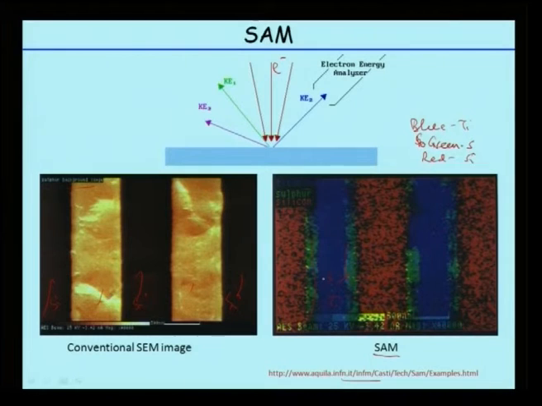So the scanning electron microscope shows a large area of sulfur, while Auger microscopy shows there is a thin region of sulfur between the silicon and the titanium. That is the difference one can clearly see when you use scanning Auger microscopy, which is much more sensitive than the EDS analysis, energy dispersive spectroscopy analysis, in the scanning electron microscope.